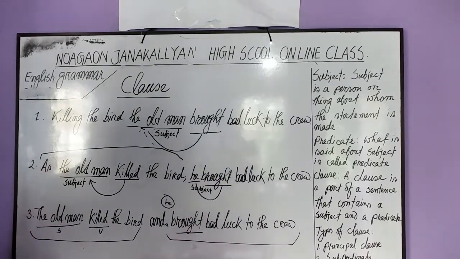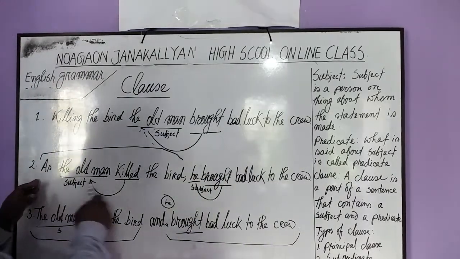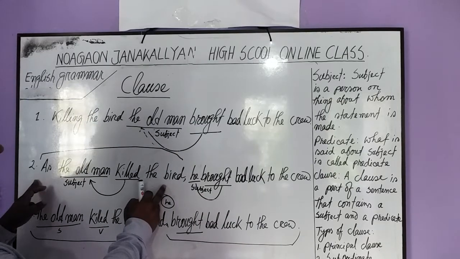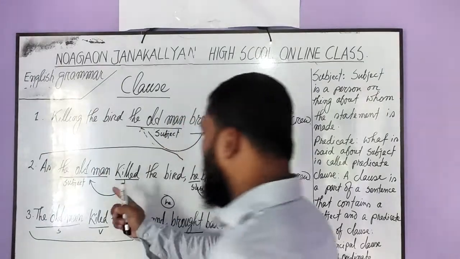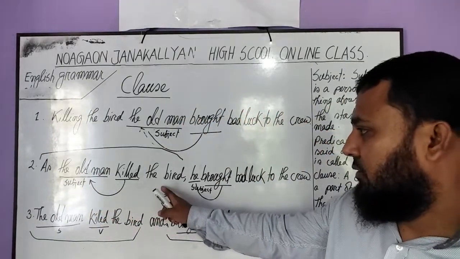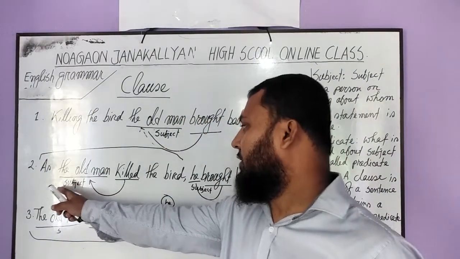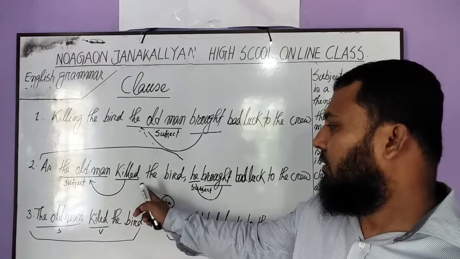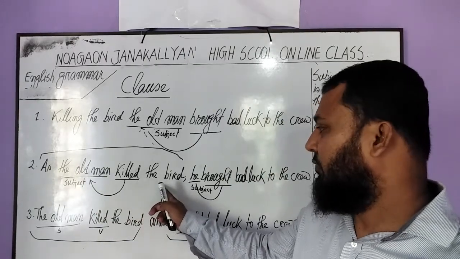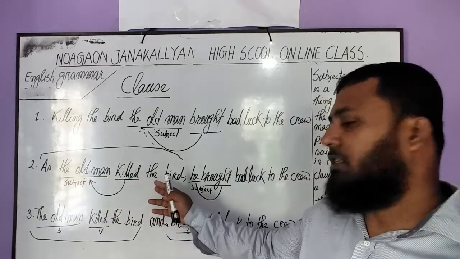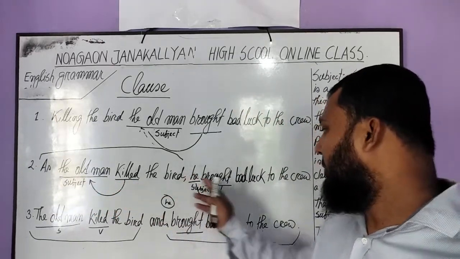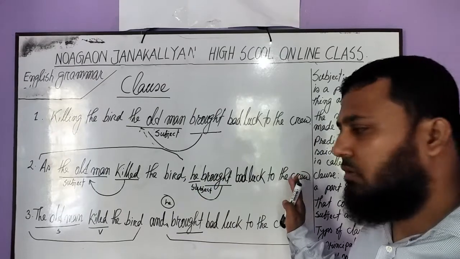In the second sentence, the first clause is: as the old man killed the bird. Dear learners, can it complete its meaning without the help of the rest of the sentence?